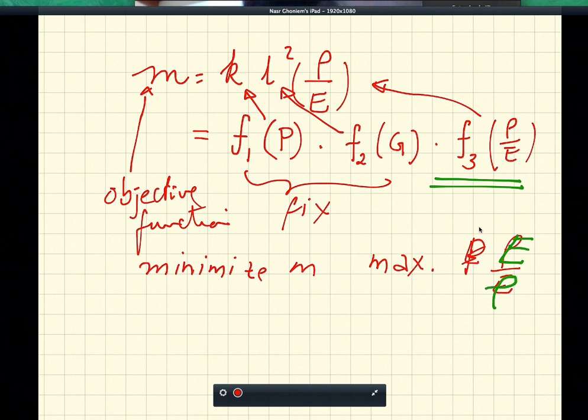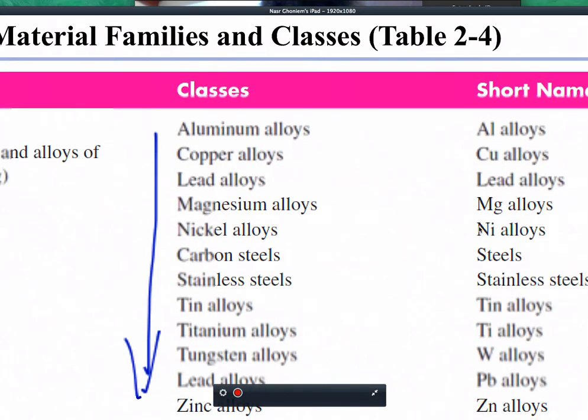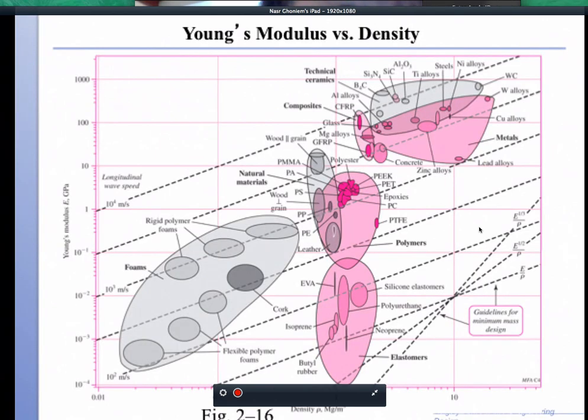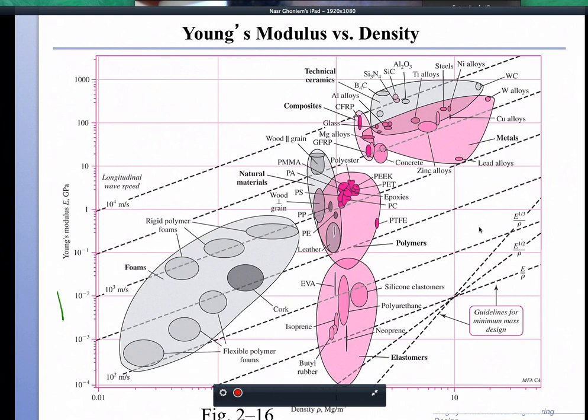So now I have many classes of materials, so let's see how we can apply this to different classes of materials. We'll see that if we plot the Young's modulus as a function of the density, we can group the classes of materials together on that plot.